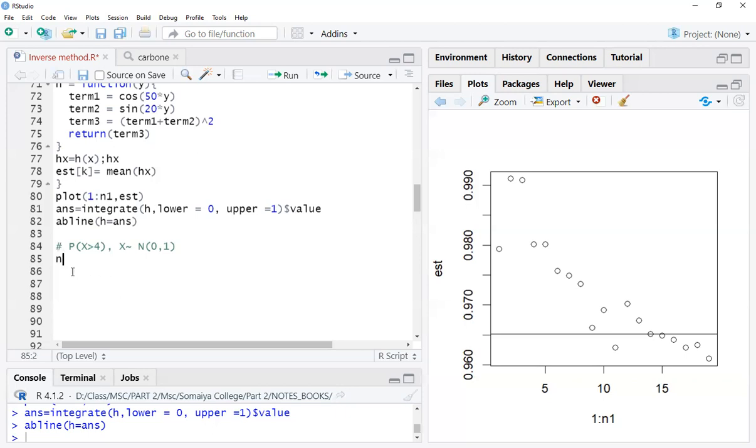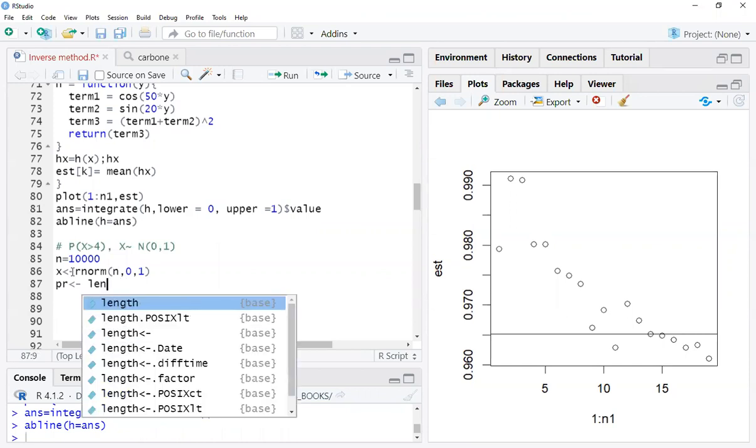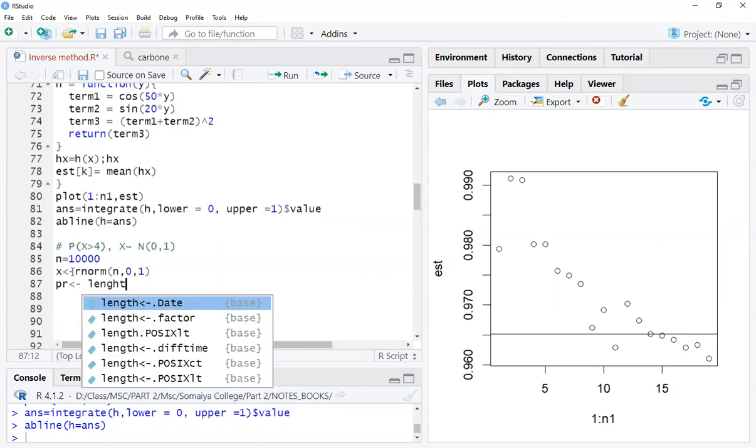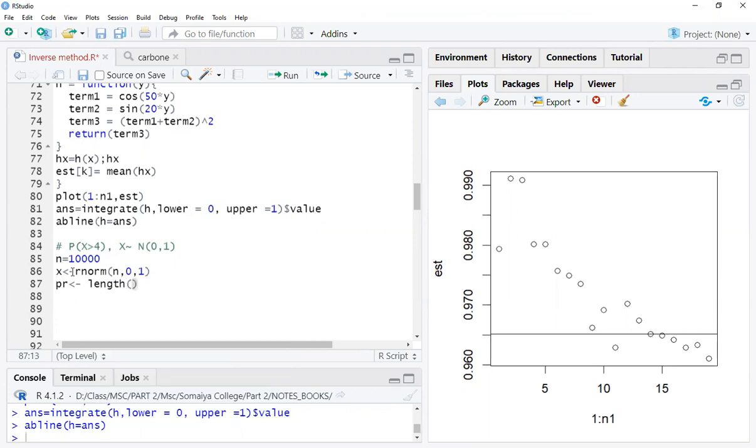So suppose you want to generate, let me say, 10,000 observations from that particular normal distribution. You generate from rnorm with n comma 0 comma 1, meaning mean 0 and standard deviation 1, and you obtain the length of the values which are greater than 4.